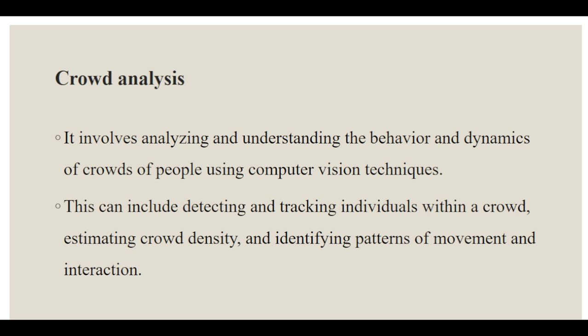Crowd analysis in computer vision is a field that involves analyzing and understanding the behavior and dynamics of crowds of people using computer vision techniques. This can include detecting and tracking individuals within a crowd, estimating crowd density, and identifying patterns of movement and interaction.